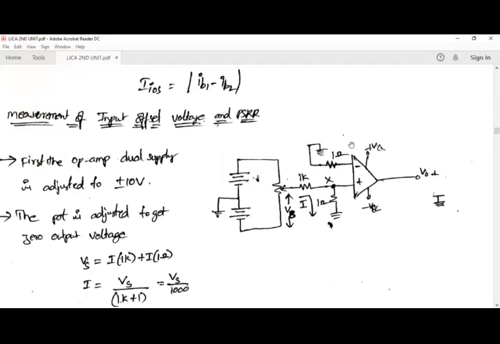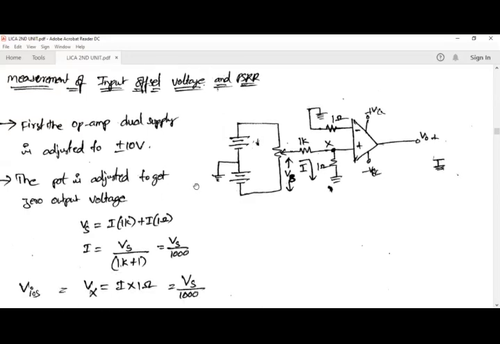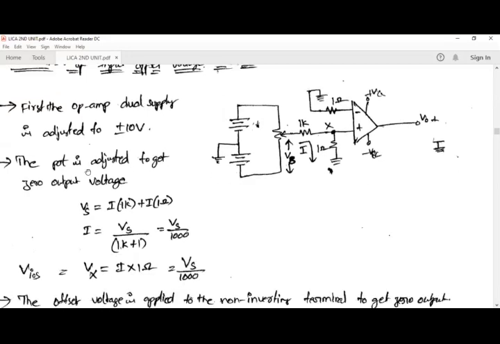For measurement of input offset voltage, we are considering these components and we are going to construct this circuit. First, the op amp dual power supply is adjusted to plus or minus 10 volts, and the pot is adjusted. Here you can see this pot. This is nothing but a potentiometer, that is, a variable resistor.